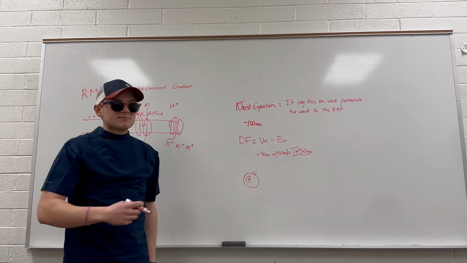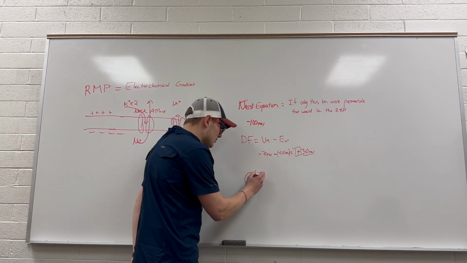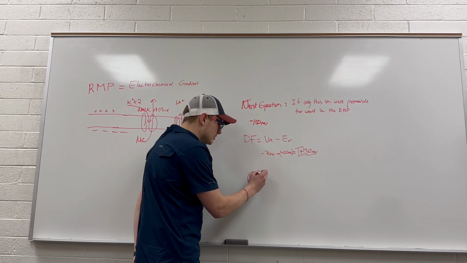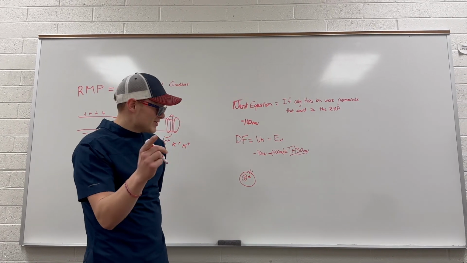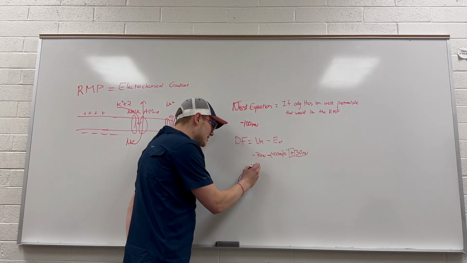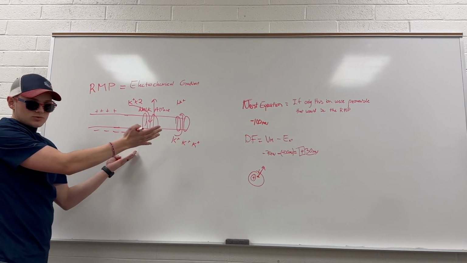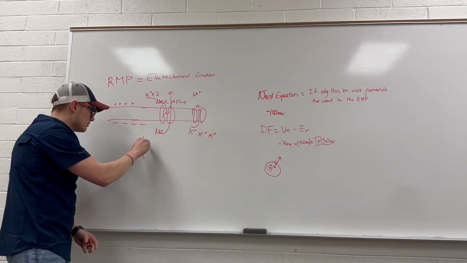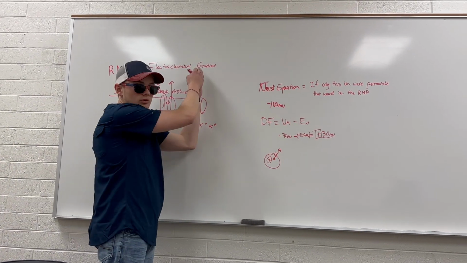What kind of ion is potassium? It's a cation. It's a positive ion. So positive repels positive. That means potassium, if it had its way, is going to want to leave the cell. Because we're dealing with a positive driving force, potassium is going to want to leave the cell.